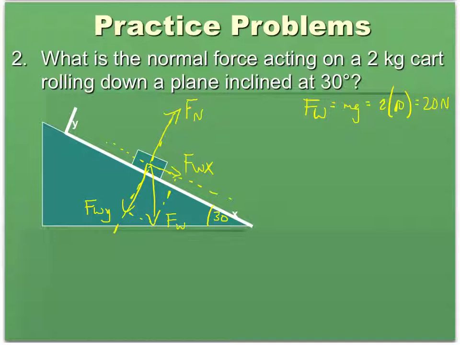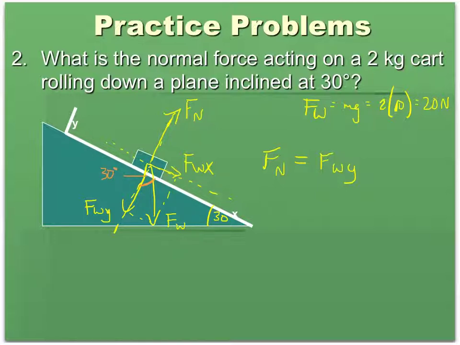Now again, we know that because the cart is not moving up and down vertically on this track, or in the y direction on this track, we know that our normal force is equal in magnitude but opposite in direction to Fwy. Since we know that the angle of the ramp is at 30 degrees, again, that lets us know this angle here is 30 degrees.